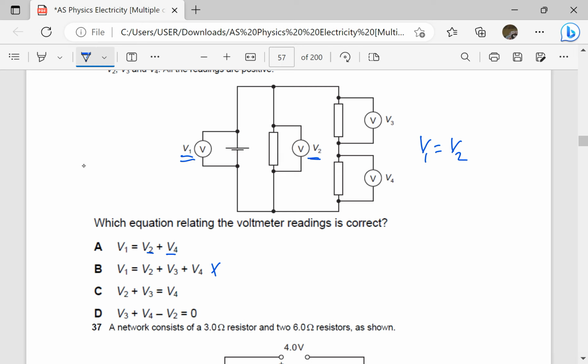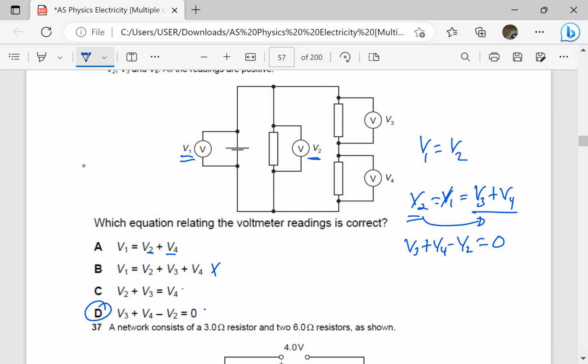V2 plus V3 is equal to V4. That is not true. V2, which is the same as V1, is going to be the same as V3 plus V4. I will ignore V1 here and concentrate on V2 equals that. So the only option we have here is V3 plus V4 equals V2, or V3 plus V4 minus V2 equals 0 when I bring this to the other side.